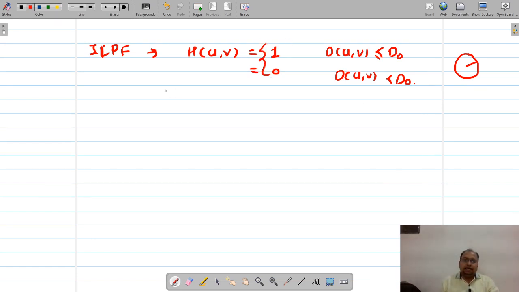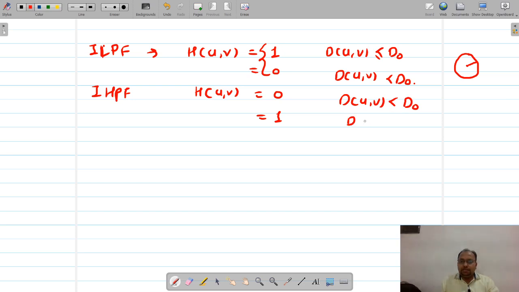Okay, and similarly the ideal high pass filter is exactly the opposite of this. It has 0 and 1: it is 0 when D of (u,v) is less than D naught, and if it is greater than or equal to D naught, then it is going to have 1.